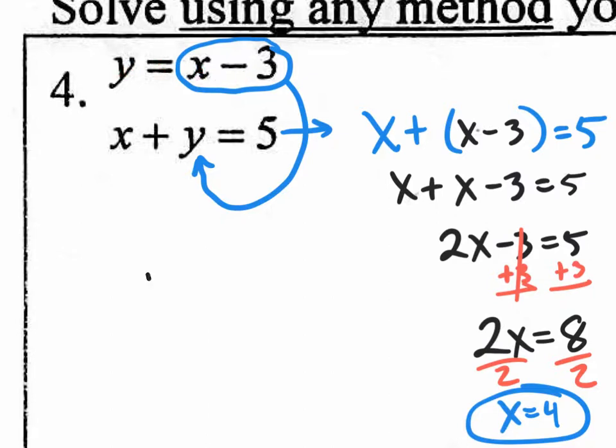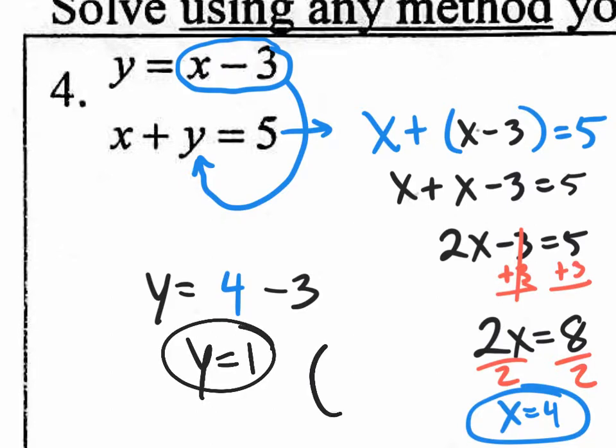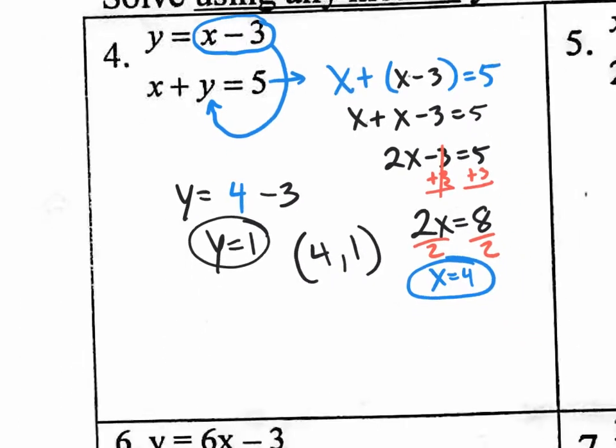I already know that the answer is 1, but I'm going to write it. Y equals 4 minus 3. See, I plugged in the 4 right into the x. So I have 4 minus 3 instead of x minus 3. So that tells us that y equals 1. So what's my answer? X value is 4, y value is 1. If I were to have graphed it, they would have intersected at the coordinate 4, 1.